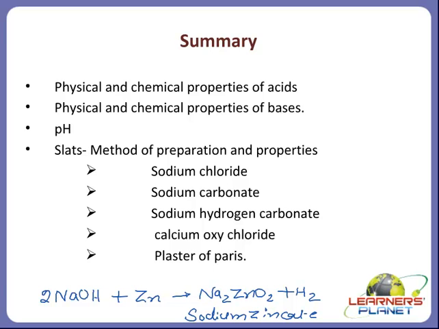Why does bleaching powder have its bleaching property? Because of the presence of chlorine. This is very important. Right? And next was plaster of Paris. Why is it called that? Because it is made from gypsum, which is found in Paris. Right? And it is a hemihydrate of calcium sulfate. Right, students? So these are the salts.